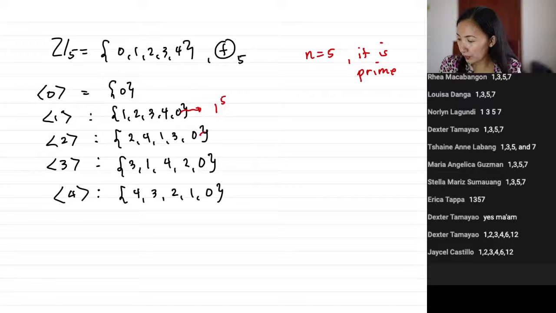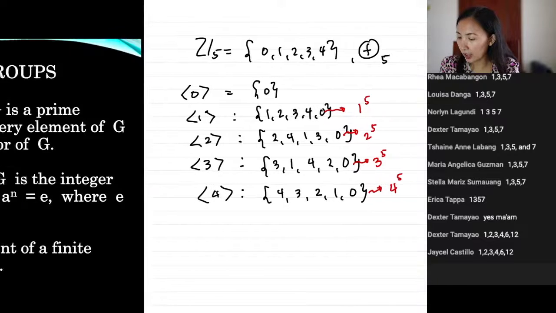This came from 2 raised to 5, which is 10; 10 modulo 5 is 0. This came from 3 raised to 5, 15 modulo 5 is 0. This came from 4 raised to 5. So that's the essence of the second corollary.